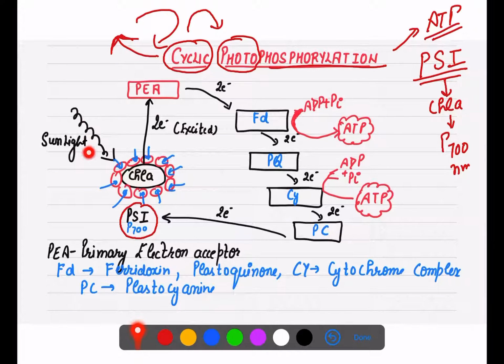As you know, light falls on the pigment, that is your antenna complex. What is the antenna complex?